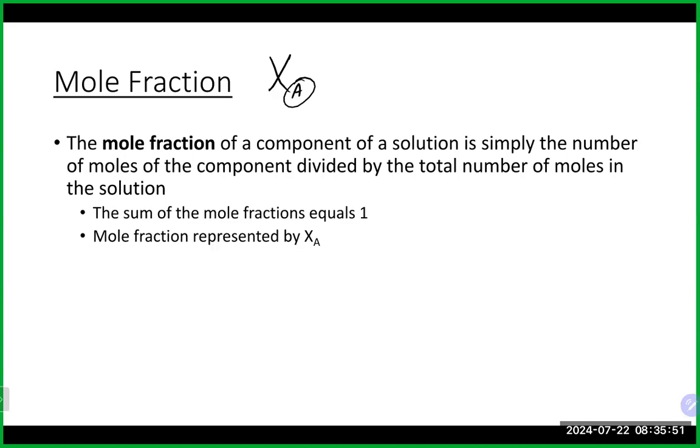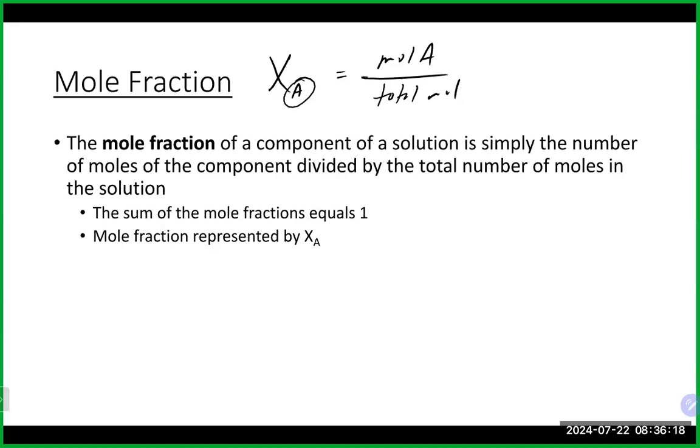So basically, to figure out the mole fraction, you take the moles of what you're interested in, like A, and you divide it by the total moles, and that is it. Again, we don't multiply by 100 here. It's not a percentage, so you'll end up with a point-something type number. And when you add up the mole fractions of all the components of that solution or mixture, it should add up to 1, which would be 100% of what is present.